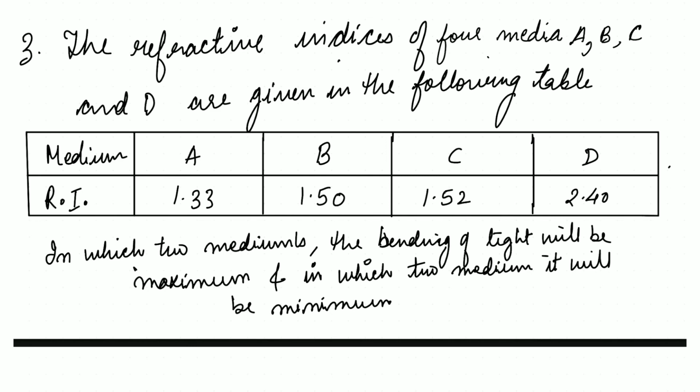Now first let's answer that. In which two media? Basically we can simply see, the more the value of refractive index, the denser the medium, right? So this medium is the densest medium, 2.40, and this is the rarest medium. If I take medium A and medium D, the light will bend very sharply towards the normal because there's a huge change in the densities of the media.